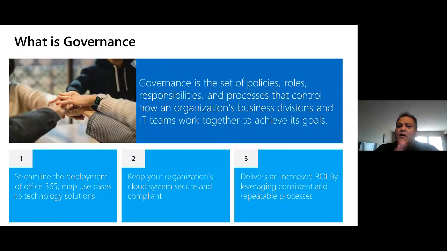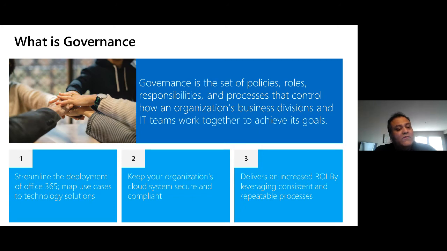So, a very textbook definition of governance: basically, it's a set of policies, roles, responsibilities, and processes that control how an organization's business divisions and IT teams work together to achieve its goals.